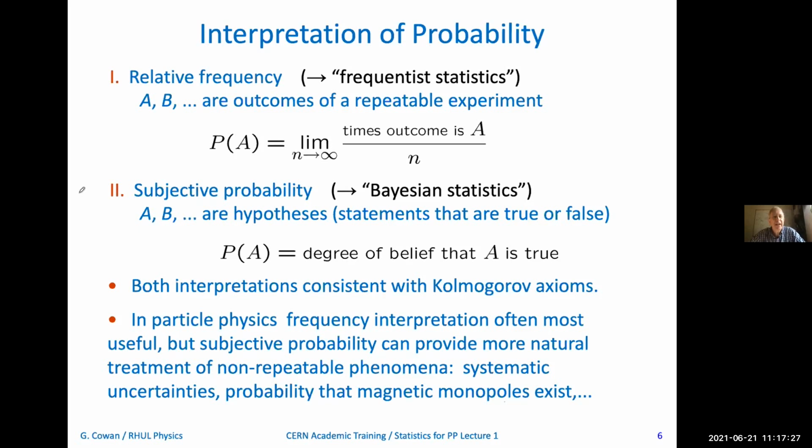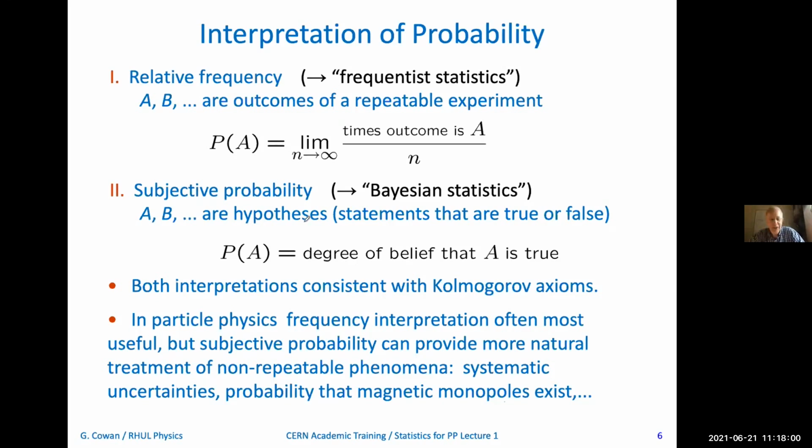But there are other cases in which we would like to quantify uncertainty, but the notion of repeatability is just not natural or not defined at all. For example, I could ask, what is the probability that it is going to rain on January 27th, 2023? There's just a single event, it's going to happen once. So we can try to associate probability with statements that are either true or false. Here, I'll just call those hypotheses.